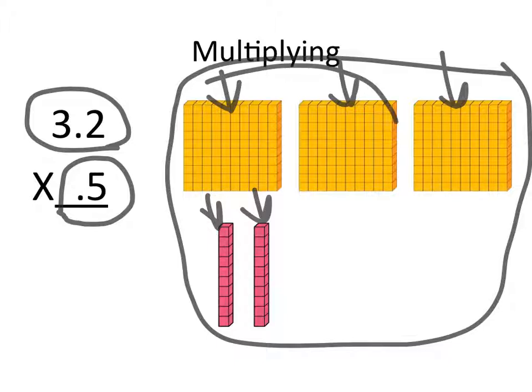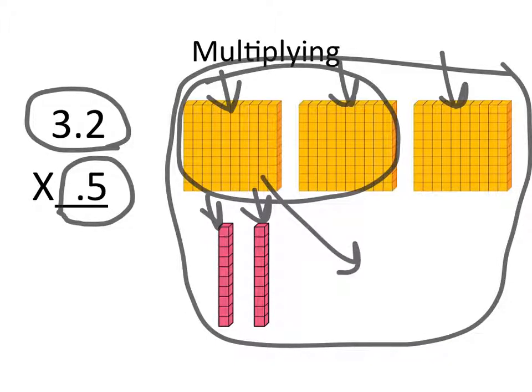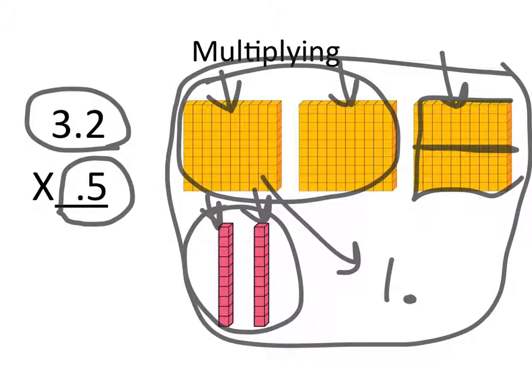Well, if I look at these 3 wholes and take half of that, I can take 1 whole. If I look at this and take half of it, that would be half of the whole, which would be 5 tenths. And if I take half of this, that would be 1 more tenth, so I would have 6 tenths total.